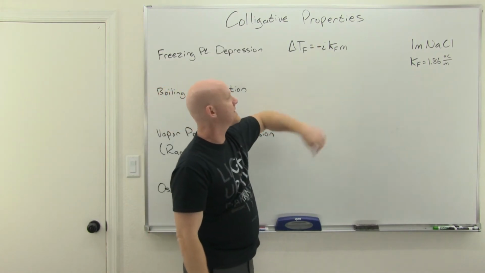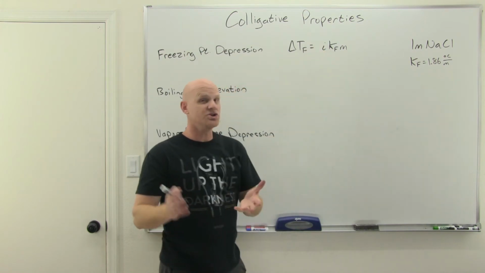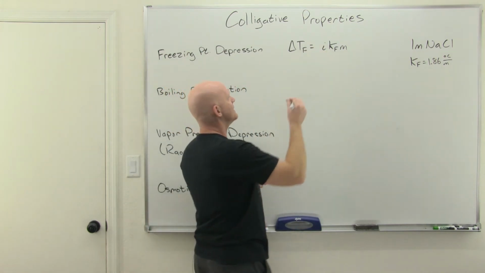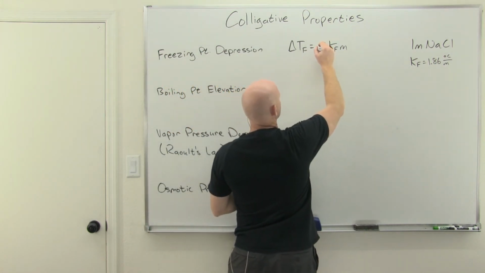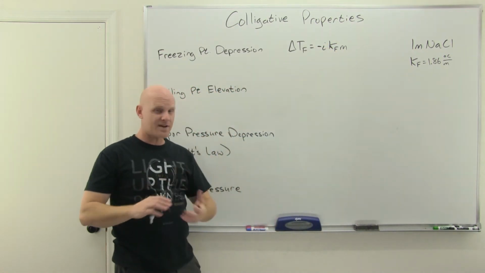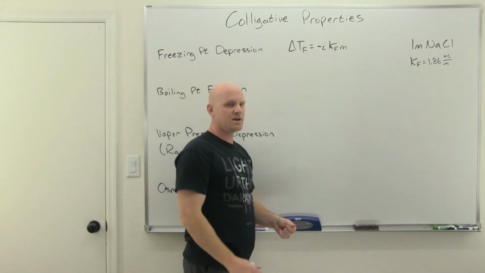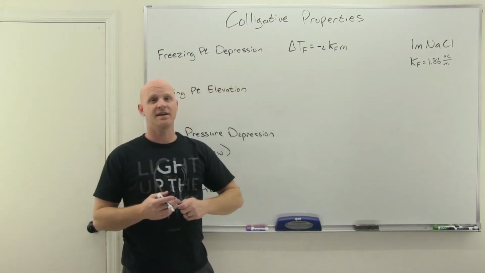They just expect you to know that freezing points go down. Most textbooks, and technically the general equation, don't have the negative sign there. But I put it in my study guide so we know, no ifs, ands, or buts, it goes down for freezing points. This is our mathematical equation for how we calculate how much it changes by.